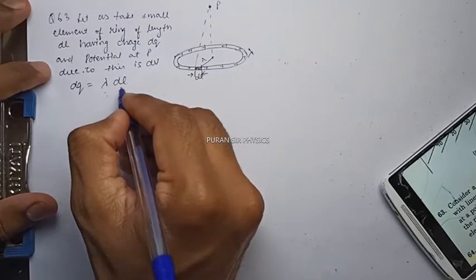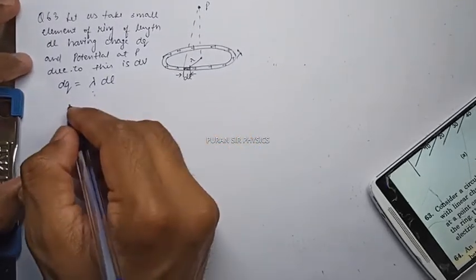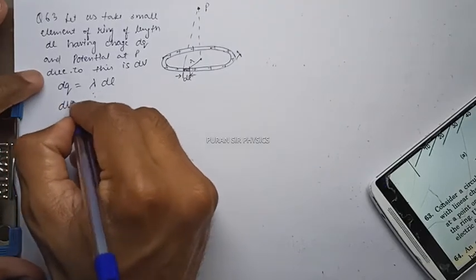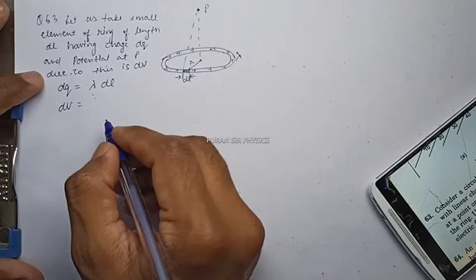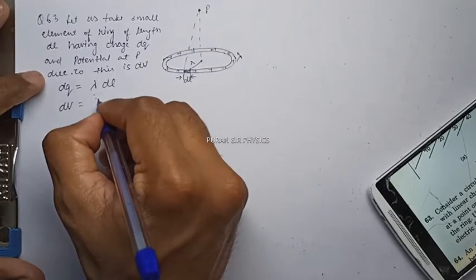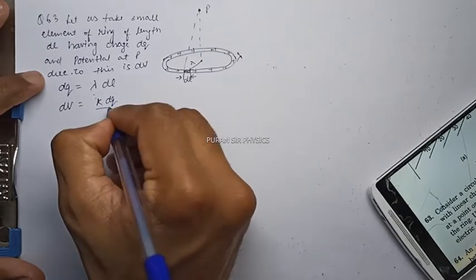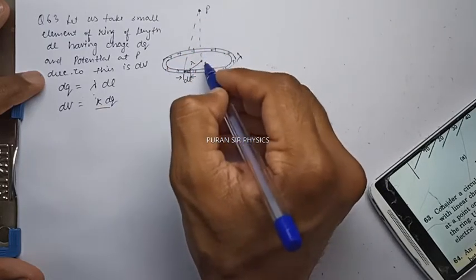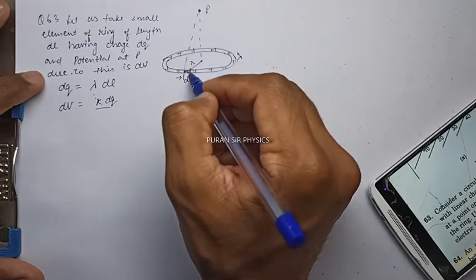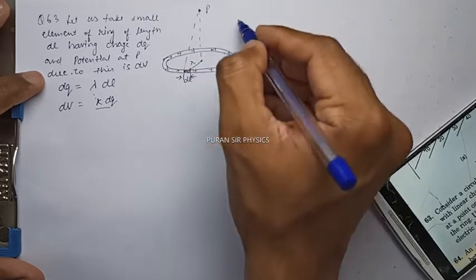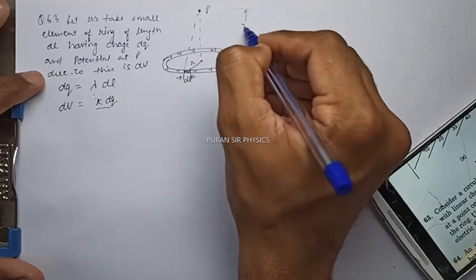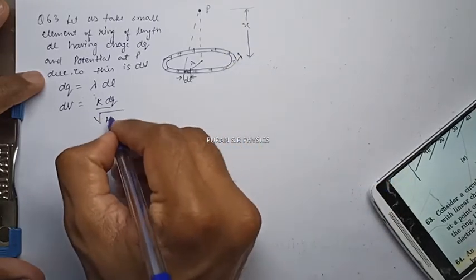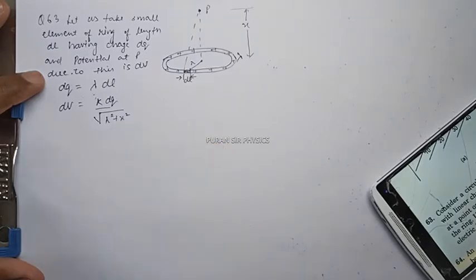This is the linear charge density into the length of the element, and the dV, the potential at P due to this element, will be k dq divided by the distance of this element from this point. So it will be the square root of r square plus x square.